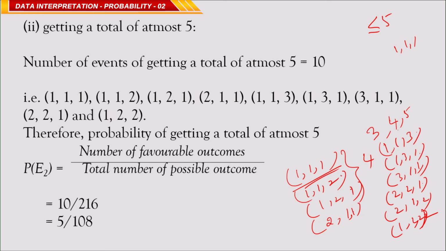And these are 4. Totally we have 10. So for at most 5, the favorable outcomes are 10 and the possible outcomes are 216. So 10 by 216, 2 5s are 10, 2 108s are 216. Simply we can say 5 by 108, that is it, clear.